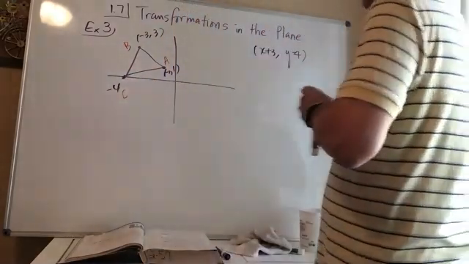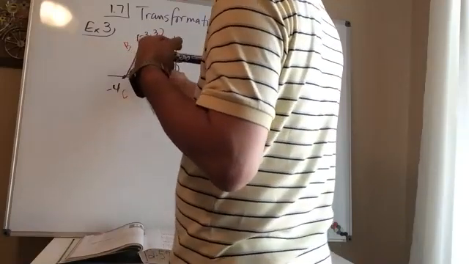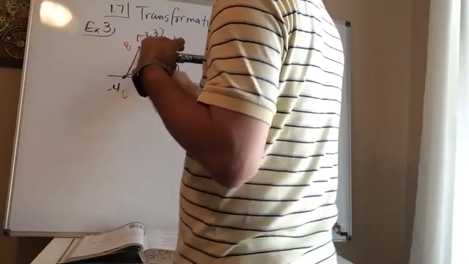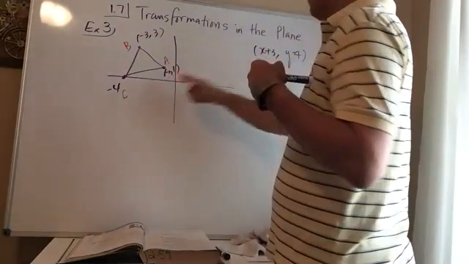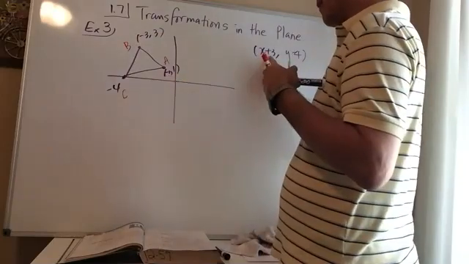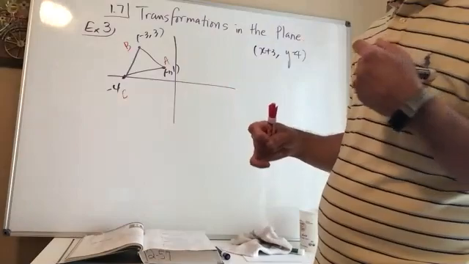So let's look at A prime first. Let's do the translation to point A, just point A. We're going to take whatever we have for x and add 3, and wherever we have y, we're going to subtract 4, which means y-wise, are we going up or down?